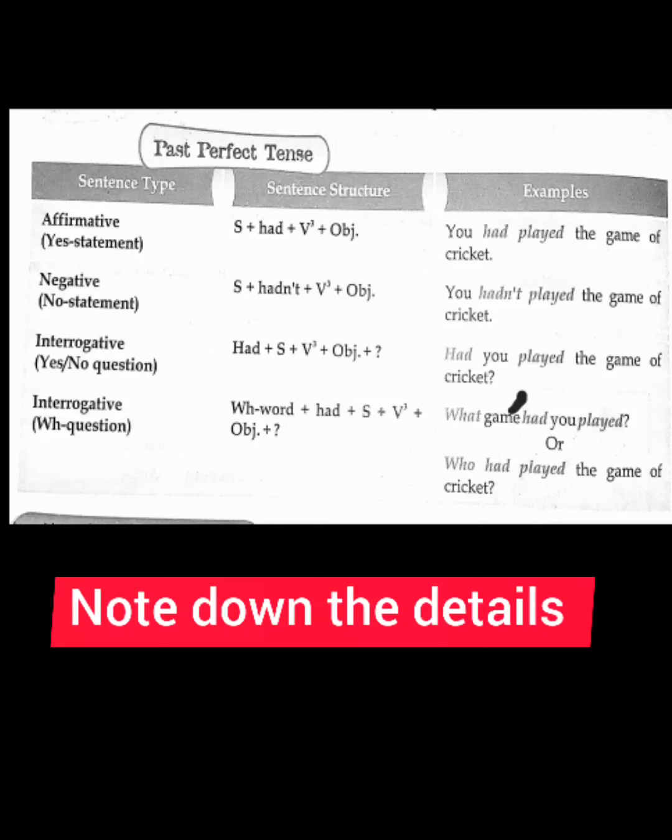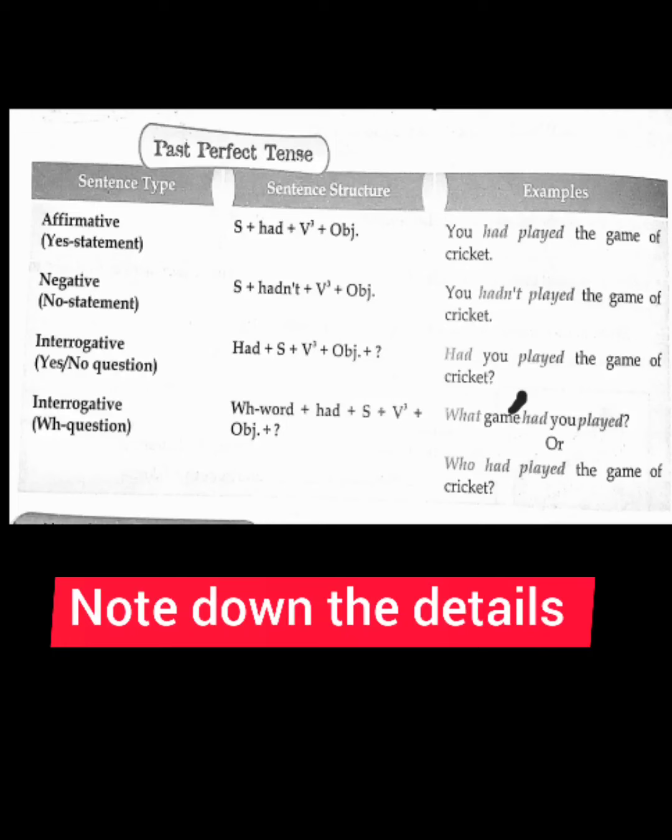Now let's see the last case, the WH word. So in WH word plus had plus subject plus verb third form plus object plus question mark. So let's see this one: What game had you played? Question mark. So here I am using a WH question.